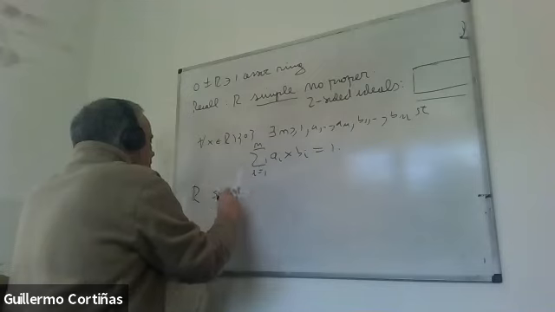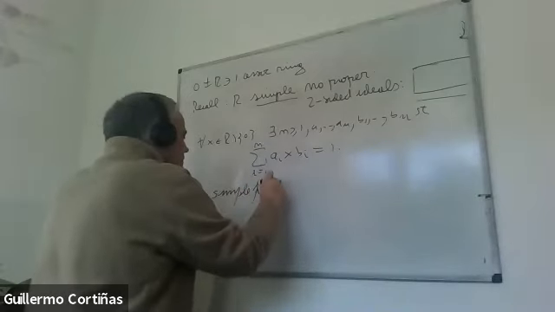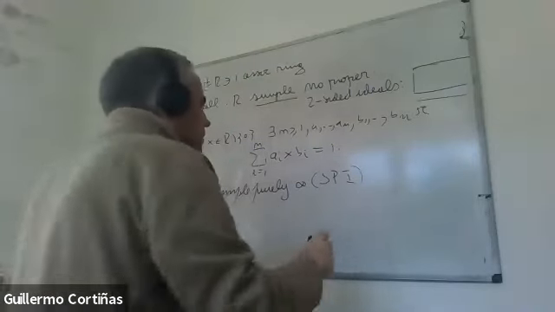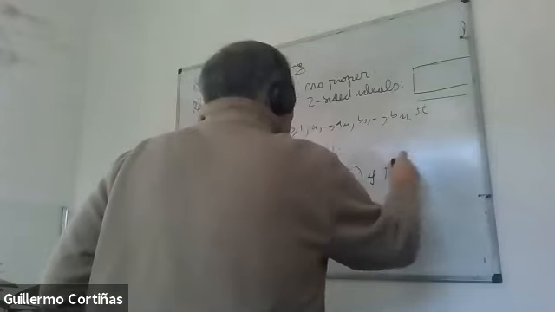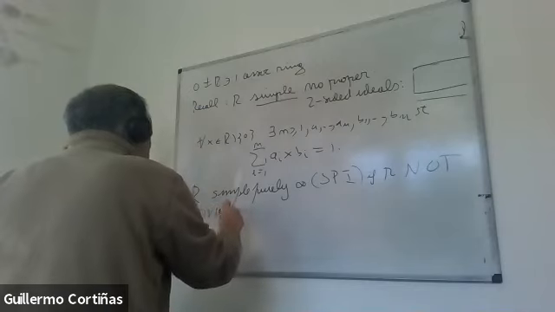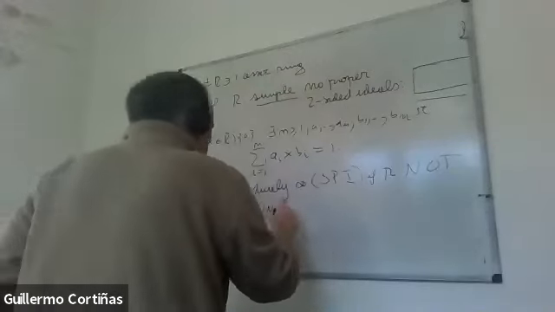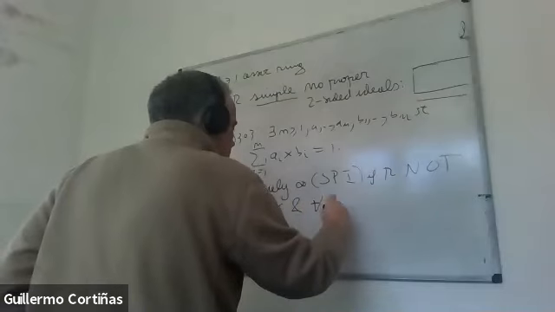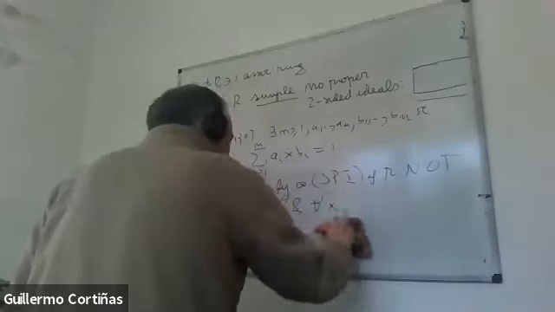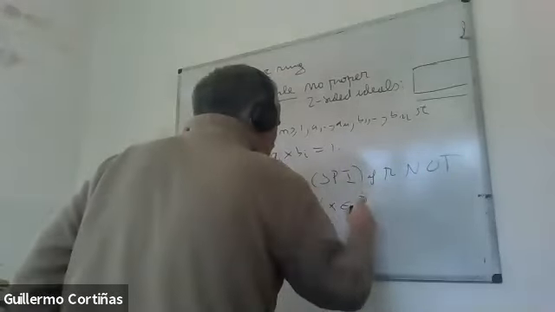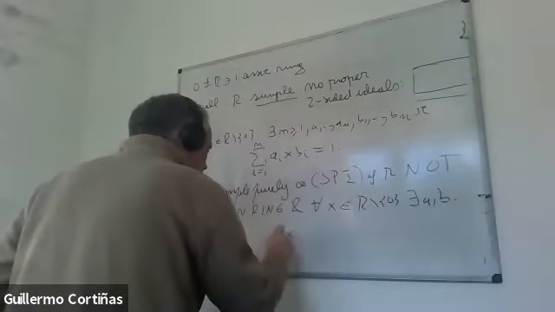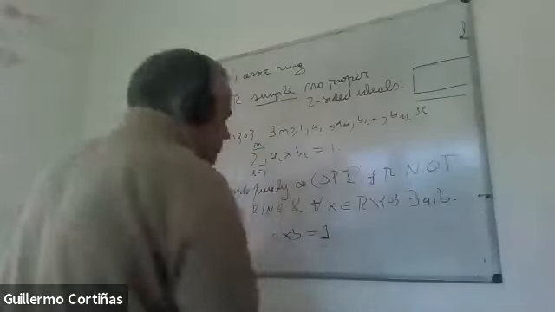Now we call R simple purely infinite, or SPI, if R is not a division ring and for every non-zero x, there exist a and b so that a x b is 1.